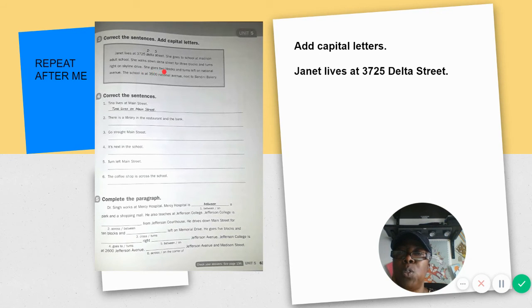She goes 2 blocks and turns left on National Avenue. The school is at 3500 National Avenue, next to Bandini Bakery.